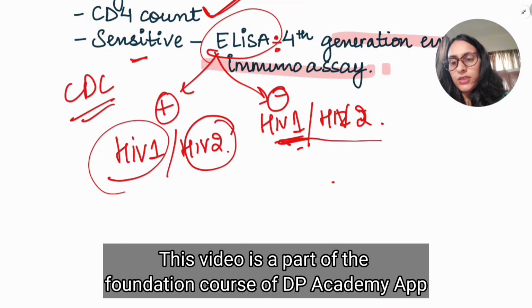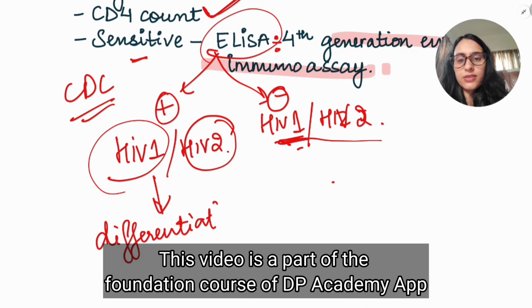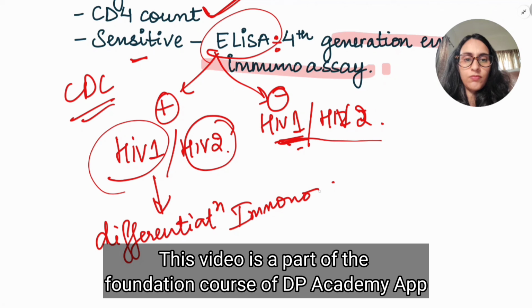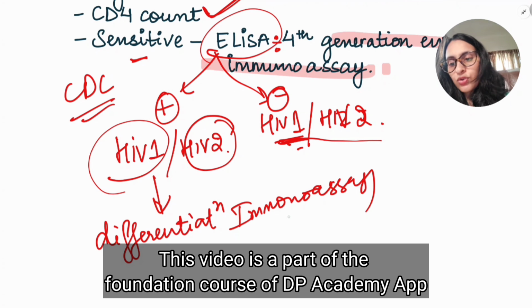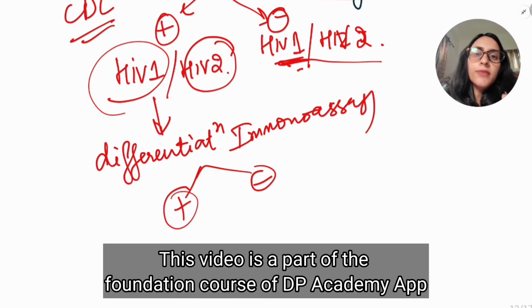Now, to differentiate between both of these, what you do is differentiation immunoassay. So you do the differentiation immunoassay. But this also can come positive or negative. So how to confirm that the patient is HIV positive?